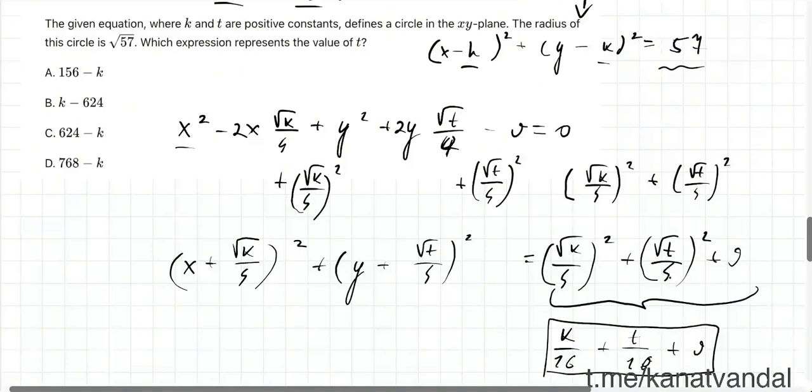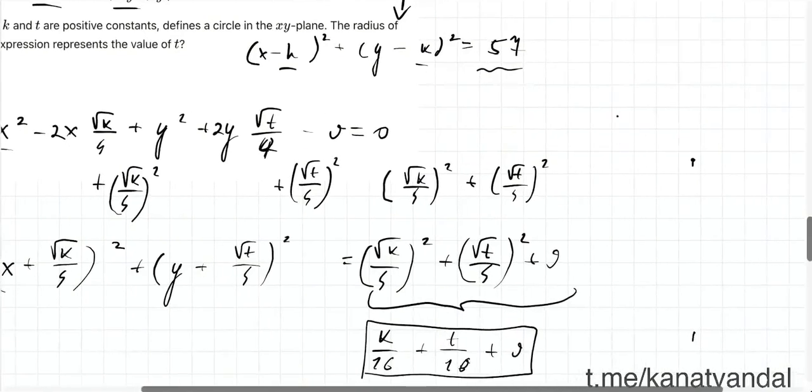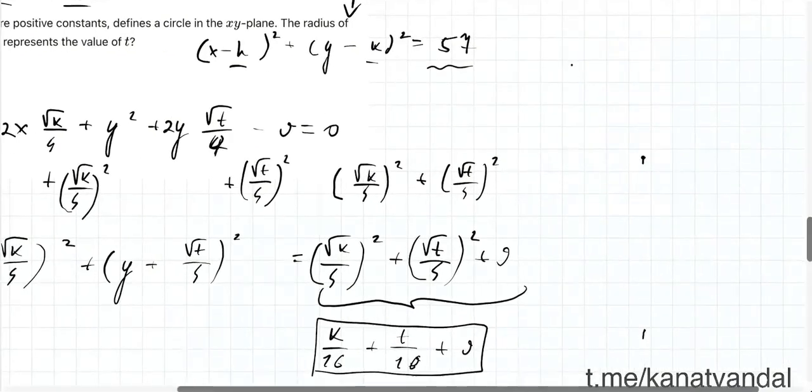It means that we can make these two expressions equal. So what we get is that k plus t over 16 is equal to 57 minus 9. 57 minus 9 is equal to 48. And this way k plus t is equal to 48 times 16.